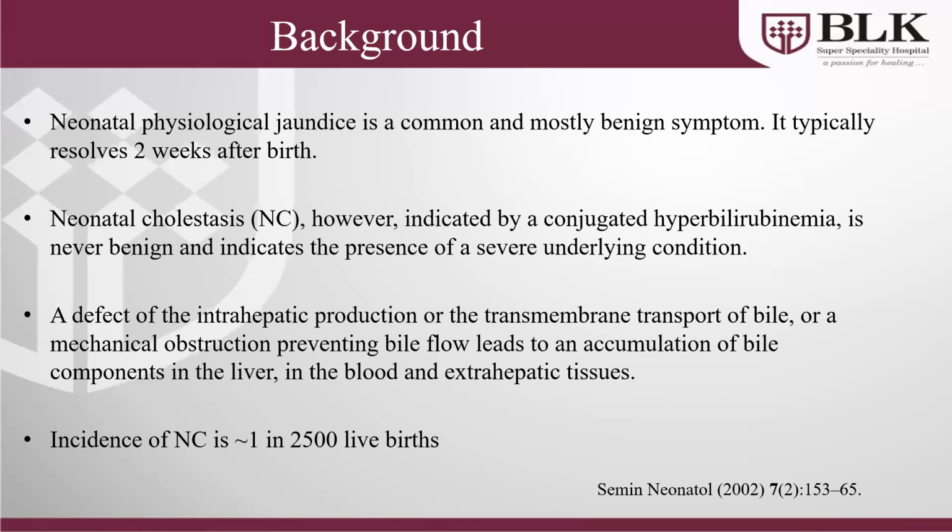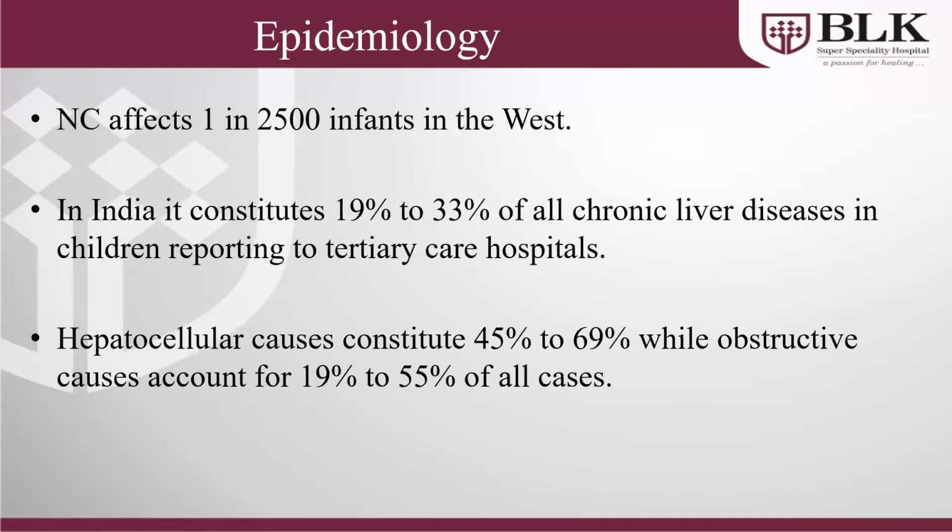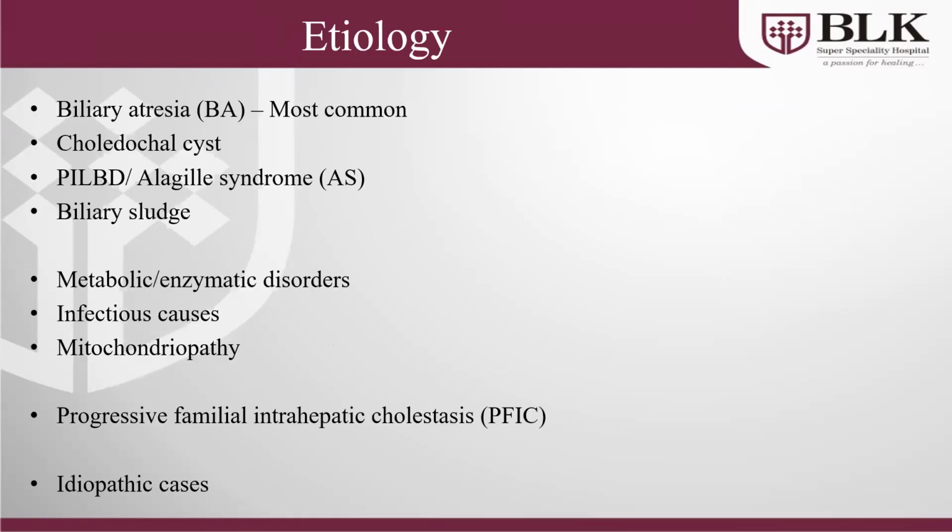The incidence of neonatal cholestasis in the West is around 1 in 2500 infants. In India, it constitutes around 20 to 30% of all chronic liver diseases in children reporting to tertiary care hospitals. Hepatocellular causes constitute around 40 to 70%, while obstructive, that is surgical, causes account for around 20 to 50% of cases.